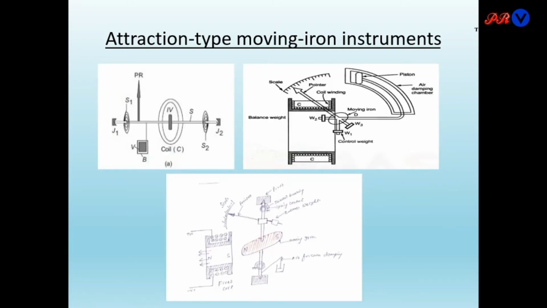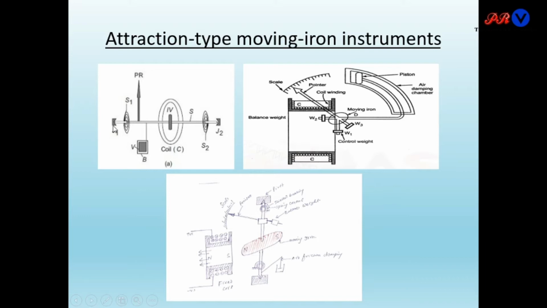So this is the diagram for the attraction type moving iron instruments. So this is the iron vane which is placed in the coil. Whenever current is passed through this coil, this iron vane will get deflected towards the coil, and this iron vane is supported by this spindle.